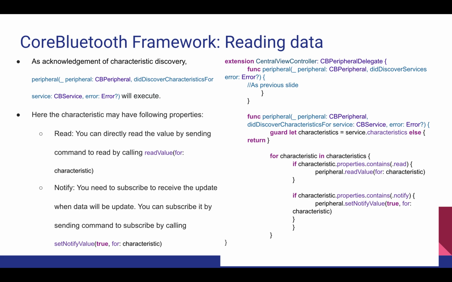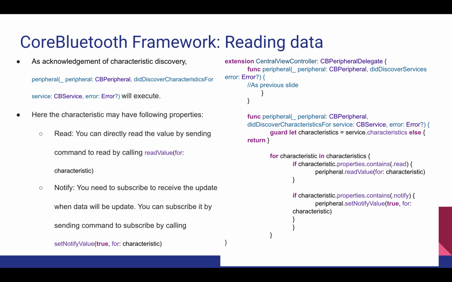As acknowledgement of the characteristic discovery, the didDiscoverCharacteristicsFor service function will be executed here. The characteristic may have the following properties: read and notify. Apart from this, it may contain the write property also, because the characteristic may have so many properties, but read, write and notify are the main properties.